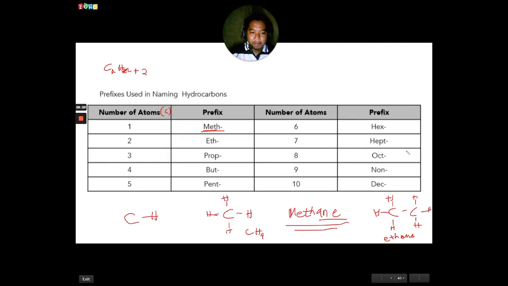Bakit 3? Bakit prop? Hindi pala, kala ko 4. Kasi kung 4, dapat sa 4 na lang to na binaliktad lang, pro. Charot. Prop is for propane, with 3 carbons.